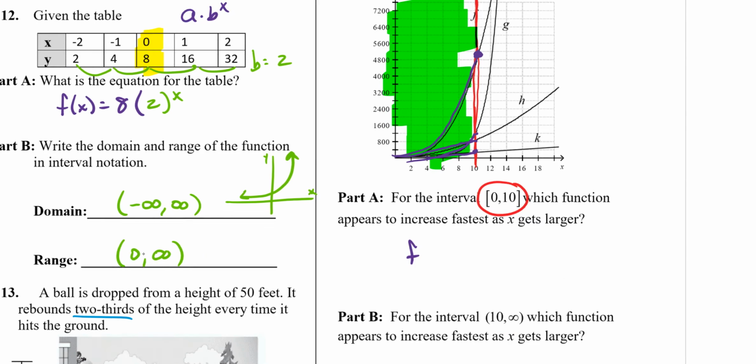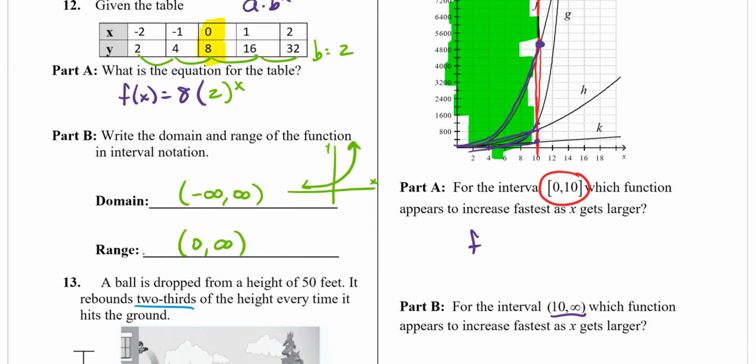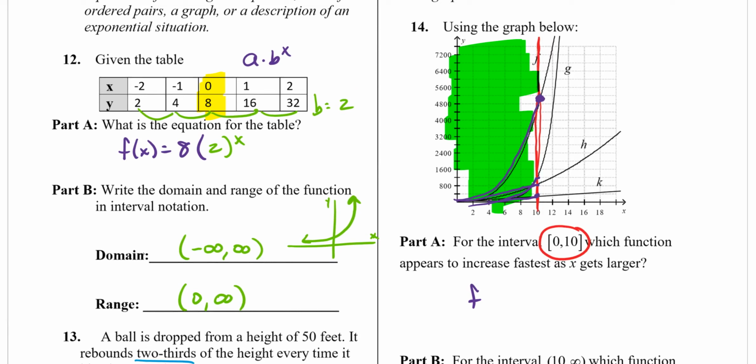Part B, for which interval from 10 to infinity, which function appears to increase fastest as x gets larger? Well, k and h definitely are still going slowest because as we get bigger, so we're looking at this part of our graph now.